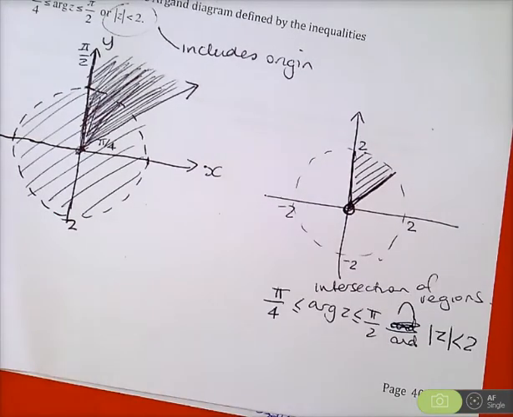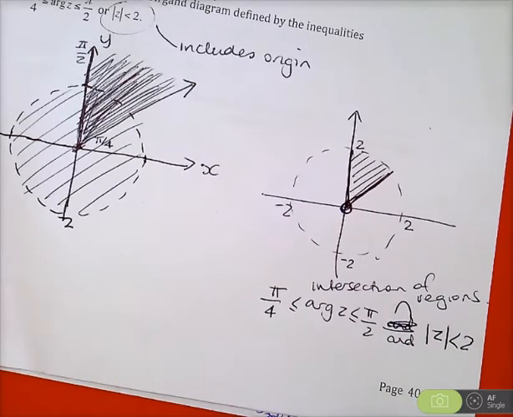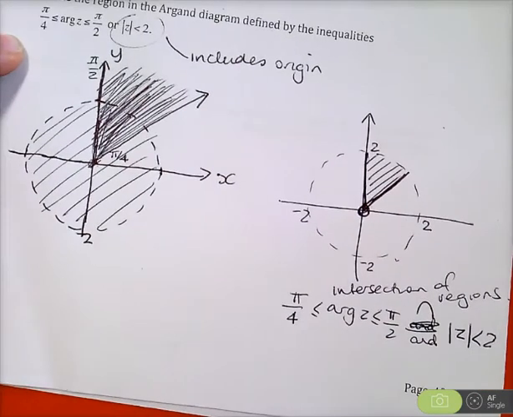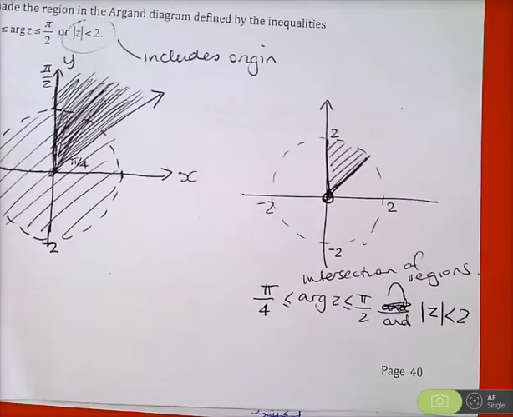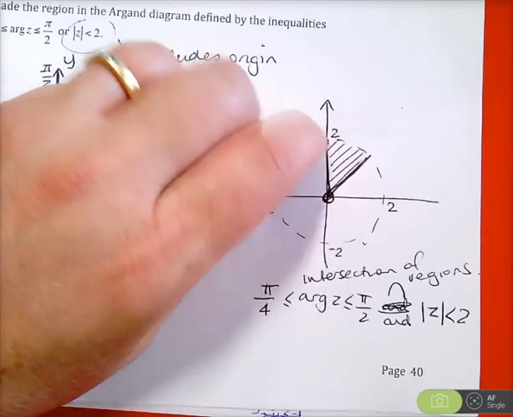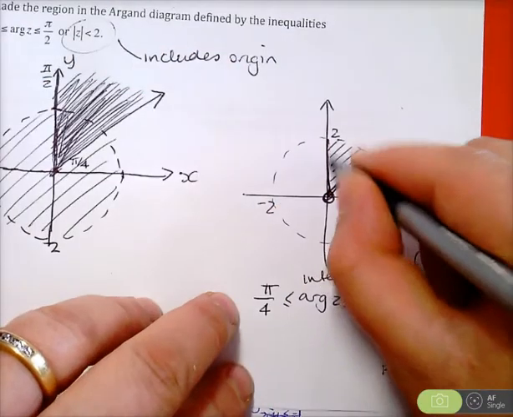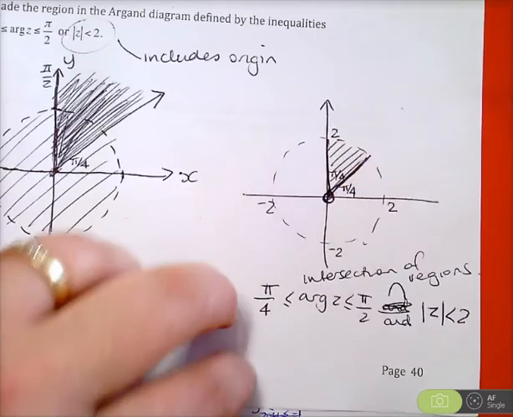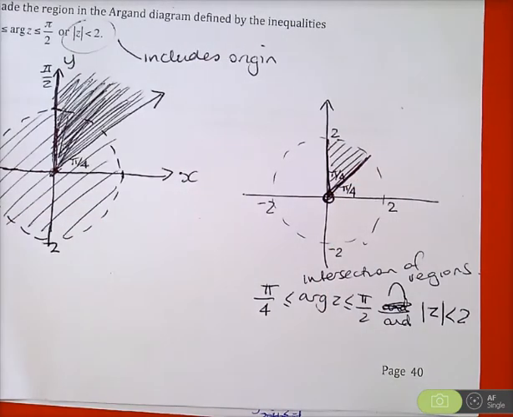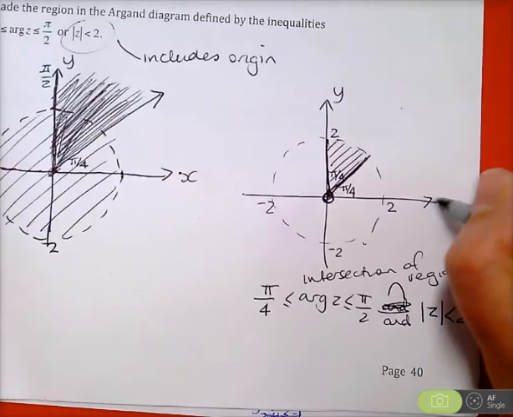So you'd have an open circle on the other one. Okay? All good? So that one's OR, the first one. And the intersection of the regions does not include the origin. You've got solid lines on the pi on 4, and you need to show pi on 4 here. And you'd probably want to show that that's pi on 4 inside there as well. But, yeah. Okay? All good?